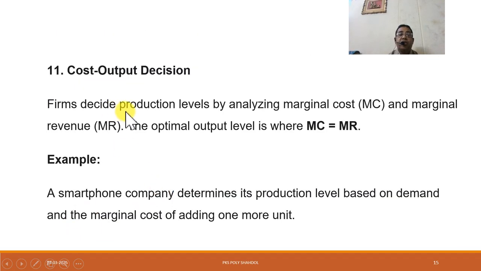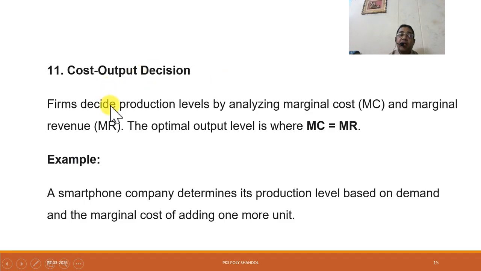Cost output decision. Firms decide production level by analyzing marginal cost and marginal revenue. This is the MC and MR. The optimal output level is where MC is equal to MR. For example, a smartphone company determines its production level based on demand and the marginal cost of adding one or more units. It means that whatever you have gained after expanding your business, your marginal cost should not be higher.